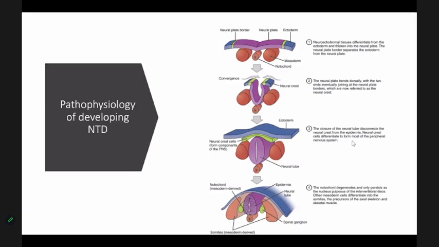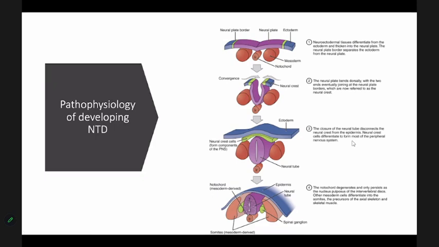Right. So a little bit about how it develops. This is histology. From your initial days, you'll remember that you have the ectoderm, mesoderm, and the endoderm. The endoderm is not involved here, so we just move it out. The neural plate is formed from the ectoderm, the most superficial lining.